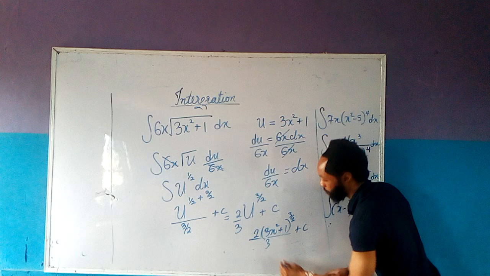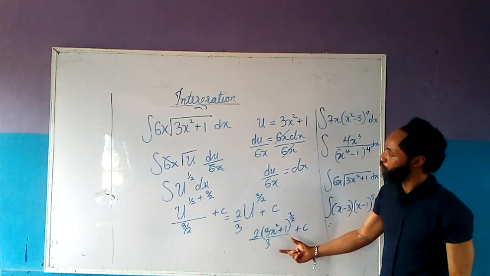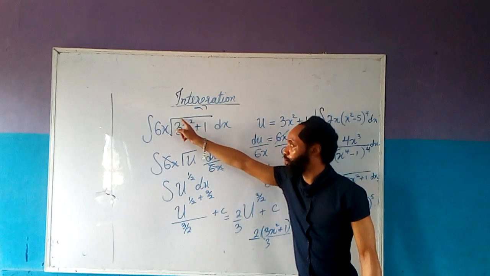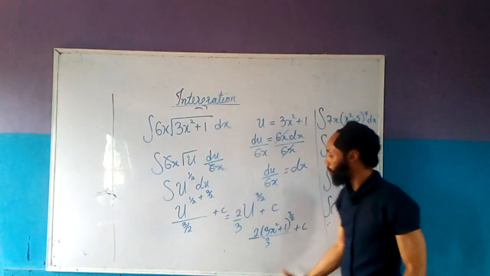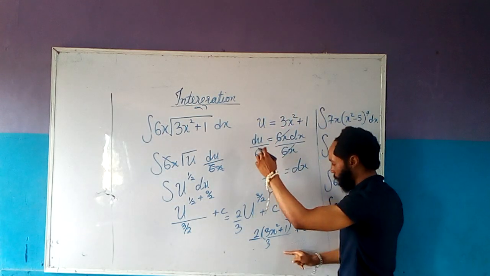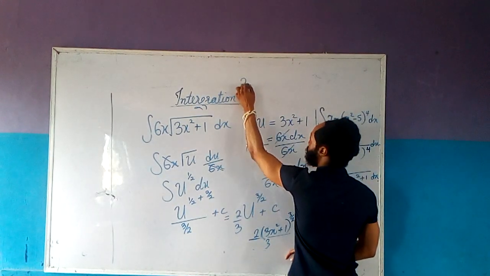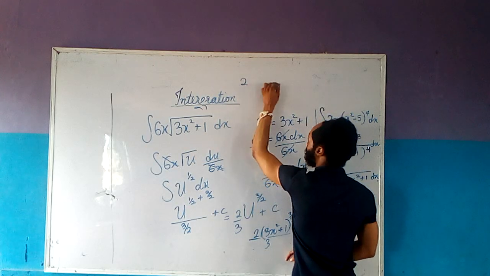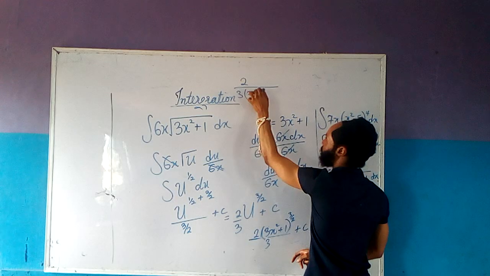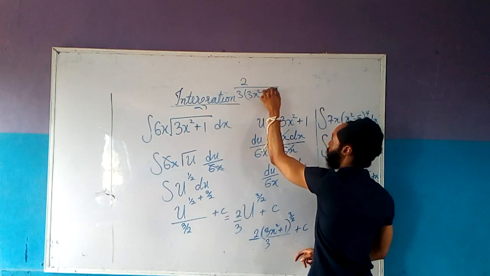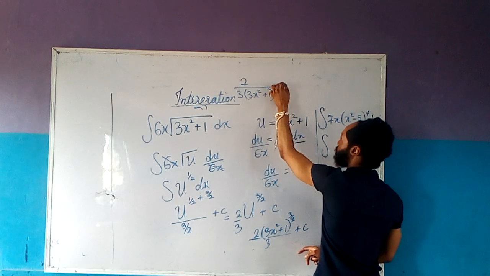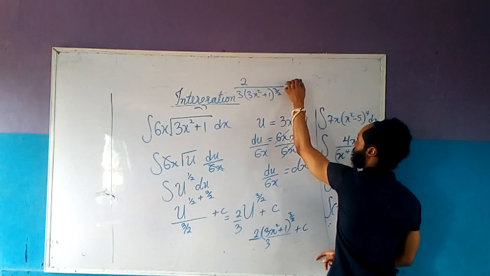This is also our answer. But we can also do it by bringing it down. Remember, our question is in terms of radical, so we should give our answer in that way. I'm going to bring this down. If I bring it down, I'm going to have 2 over 3 into bracket 3x squared plus 1, all to the power 3 over 2, plus c.